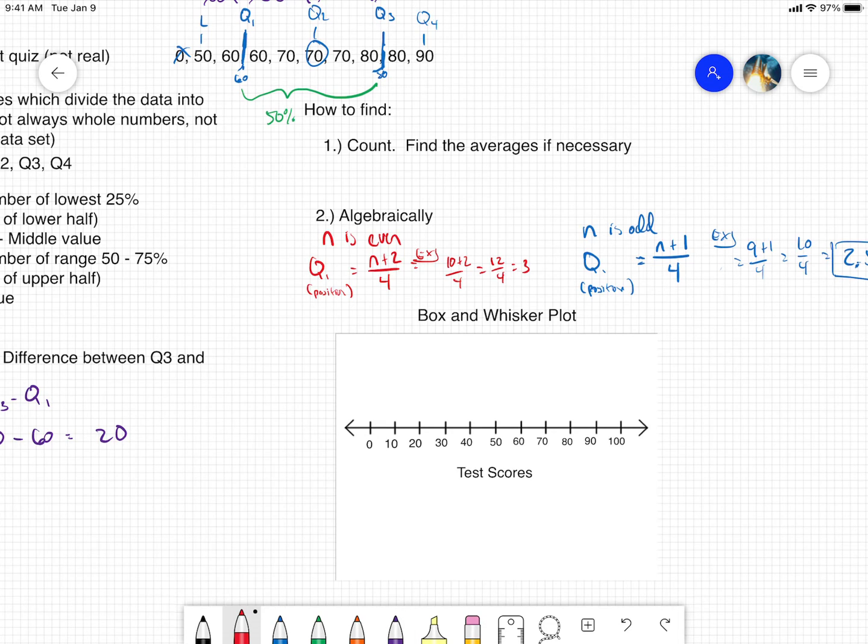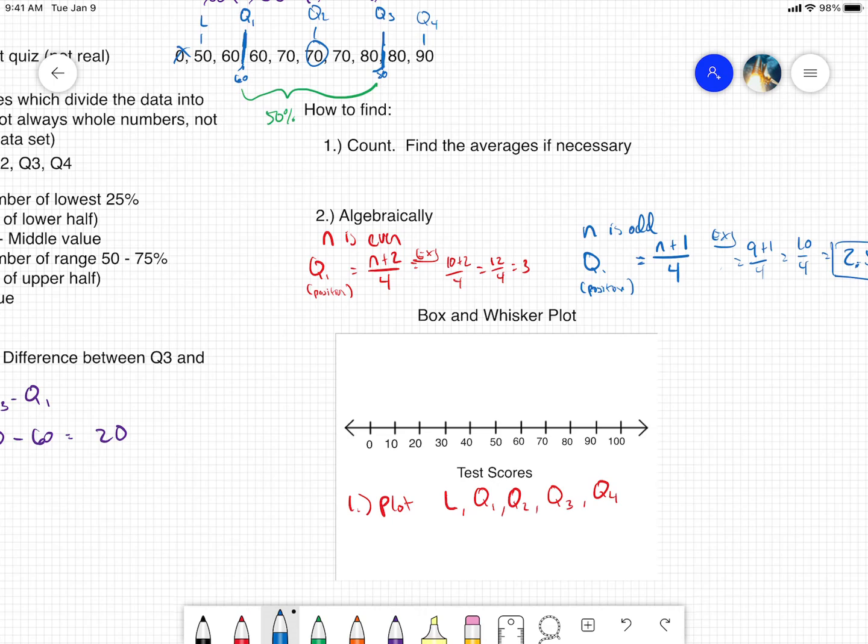Very first thing I'm going to do is plot L, Q1, Q2, Q3, and Q4. Okay? Notice how there's 1, 2, 3, 4, 5 data points that we're plotting. Why is it called a 5-number summary? Ta-da, same thing. Okay. So I'm going to plot L, Q1, Q2, Q3, Q4.